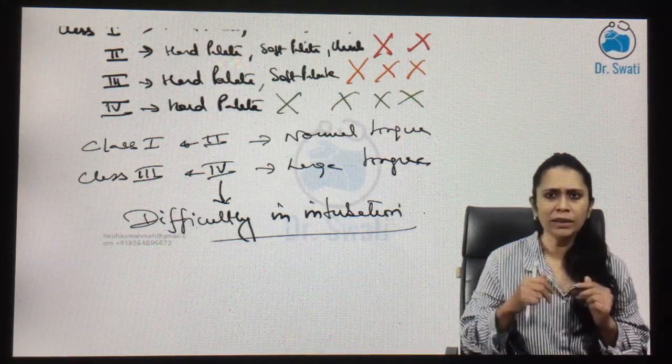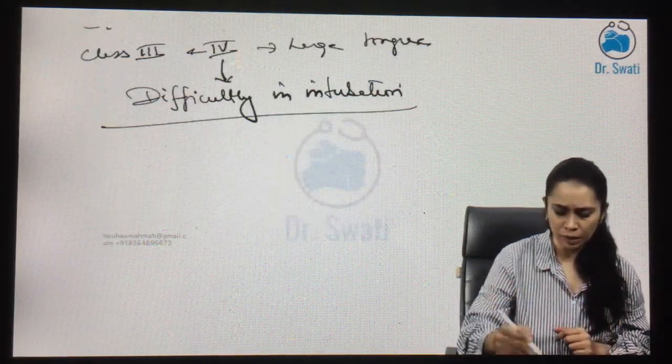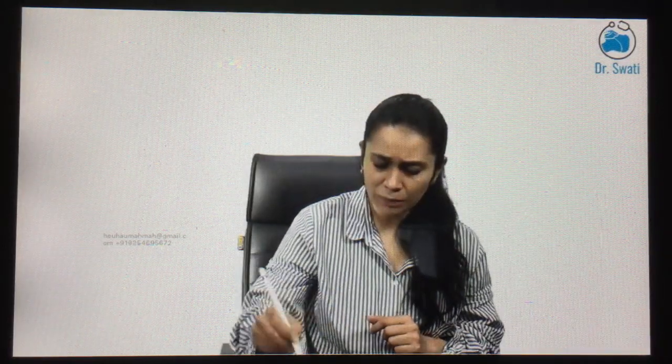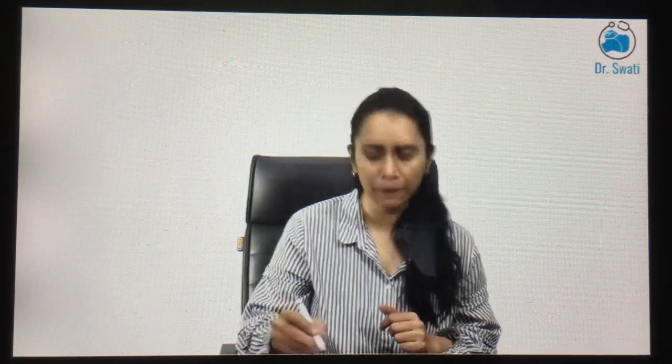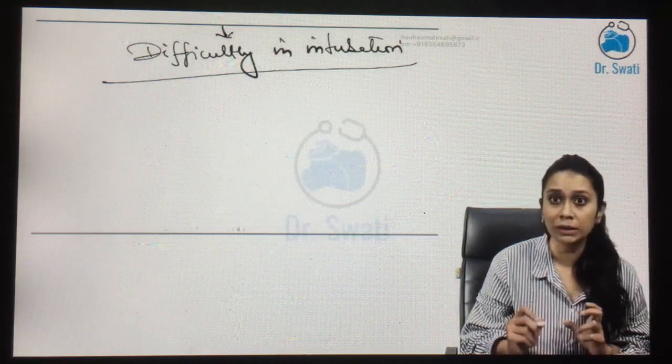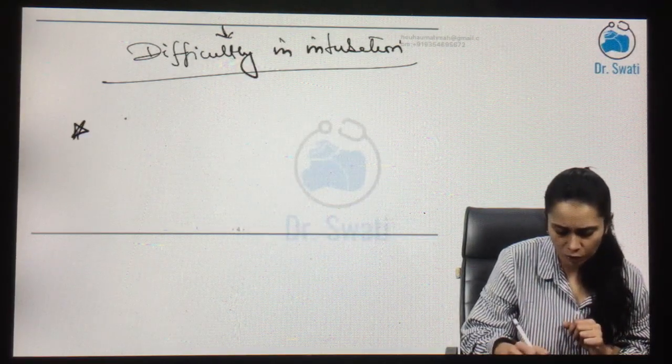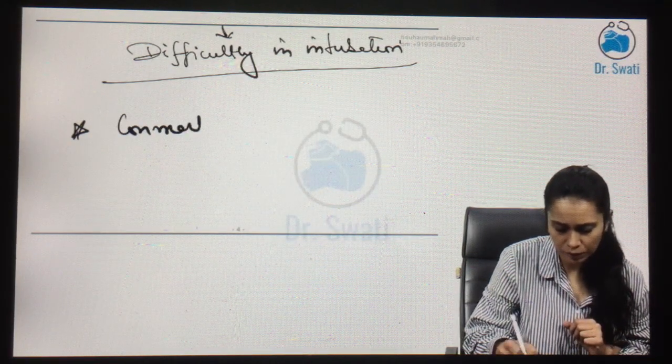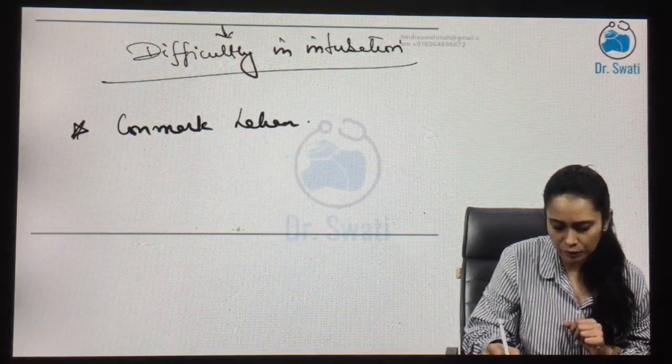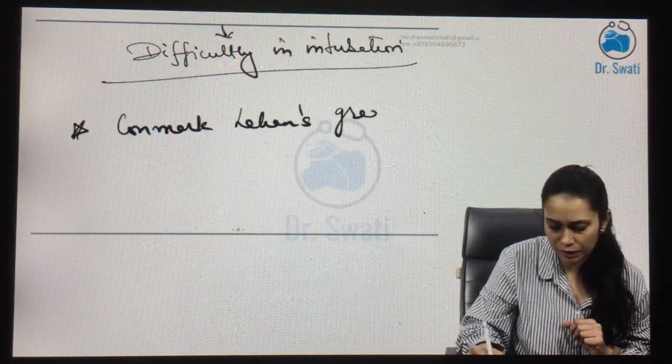Okay, guys, here I want to tell you one more thing. It has still not been asked in exam, but since Mallampati has been asked quite a few times, just keep this also in mind. Just know what this is: Cormack-Lehane grading.